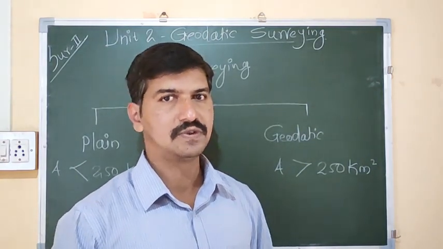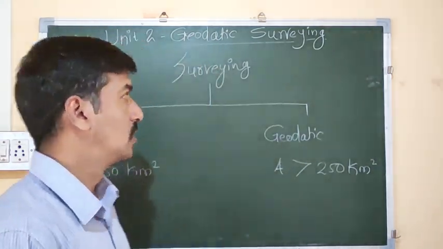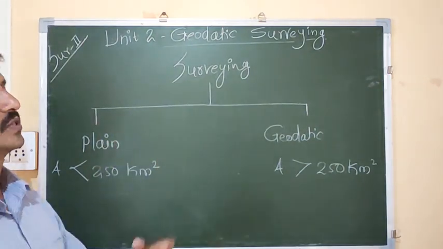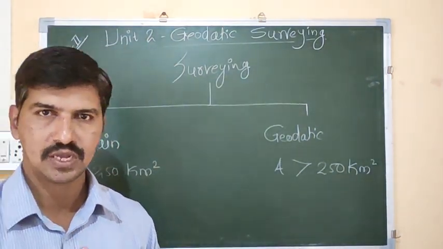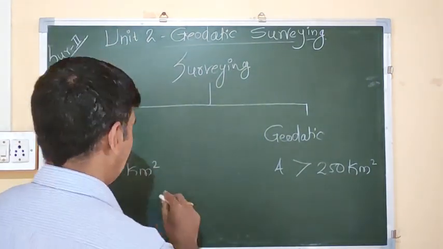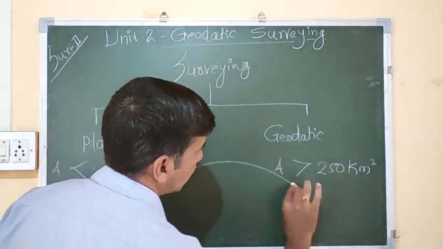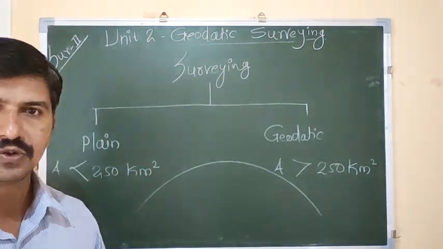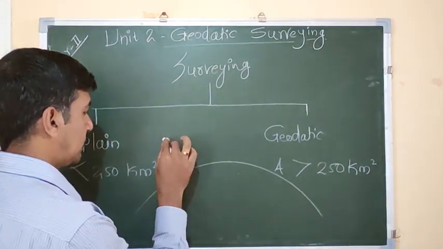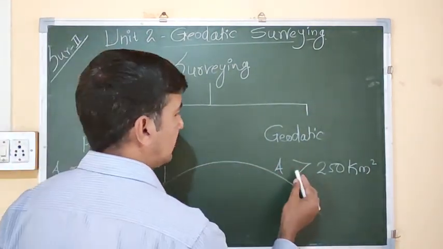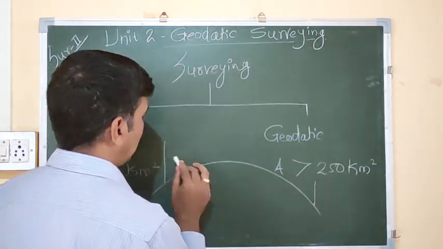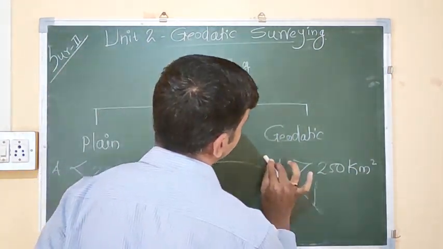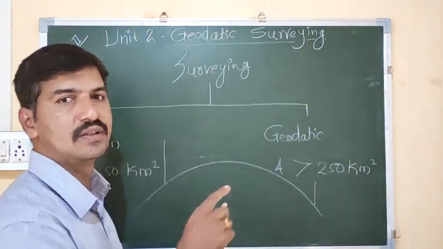Now, what is the basic difference between plain and geodetic survey? Second year, all of us know that our Earth has, let us say, a parabolic kind of shape. So, if we keep the instrument at one position and the point is at another location, the line of sight that we have is not exactly a straight line.